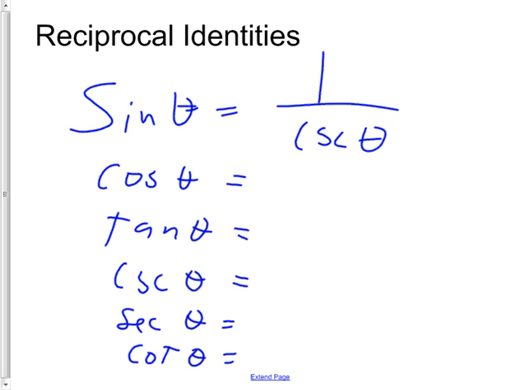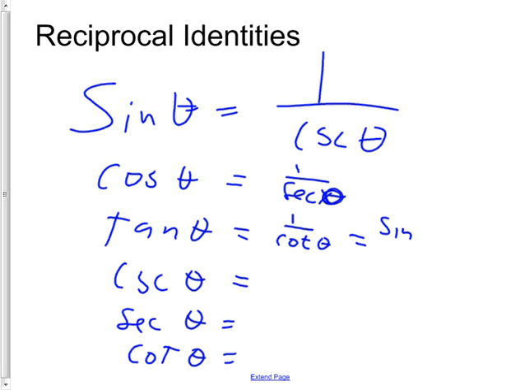Okay, cosine is 1 over, which one goes with cosine? Secant. Theta, sorry. I should just use one letter the whole time. Tangent goes with 1 over cotangent. But, this is important, tangent could also be something else.